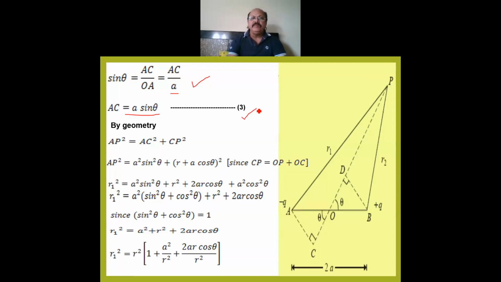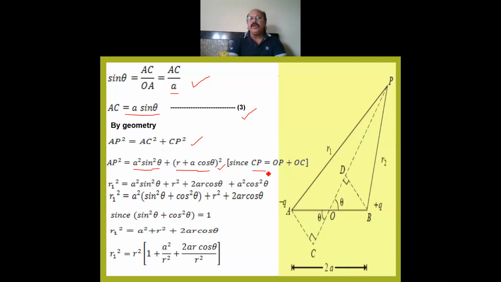Now by geometry, we can say that AP square equals AC square plus CP square. Then you substitute the values of AC and CP, which you have already calculated. That is AP square equals, AC is a sin theta, so a square sin square theta, plus, placing the value of CP from equation number 2, r plus a cos theta whole square.